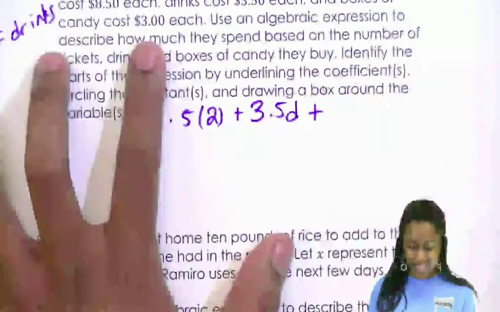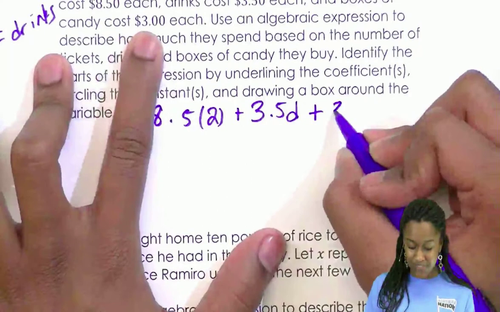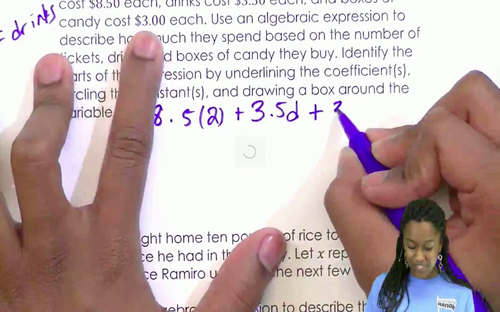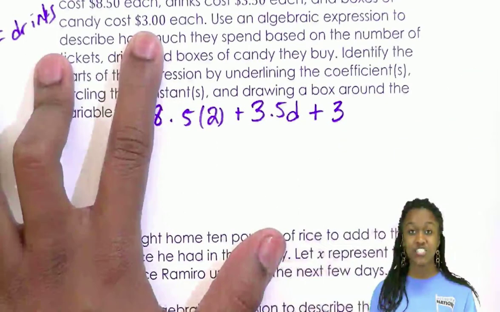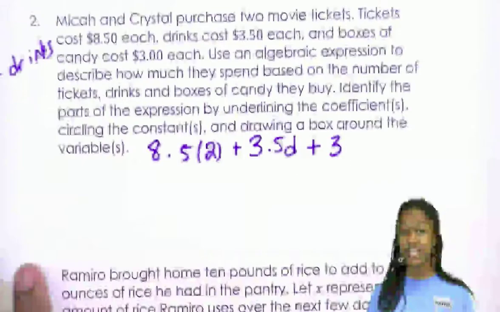All right? And then we have boxes of candy, which costs $3. Do we know how many boxes of candy we're going to buy?